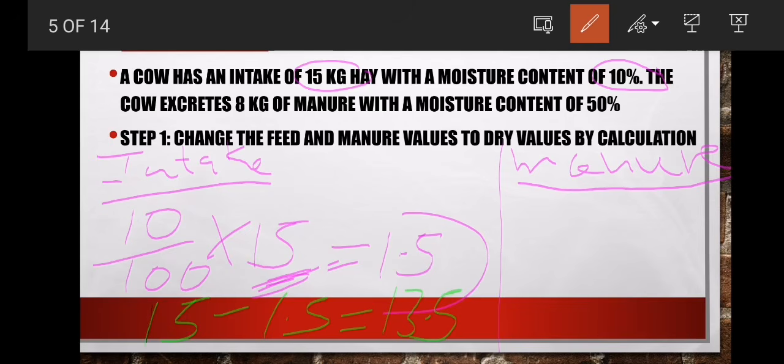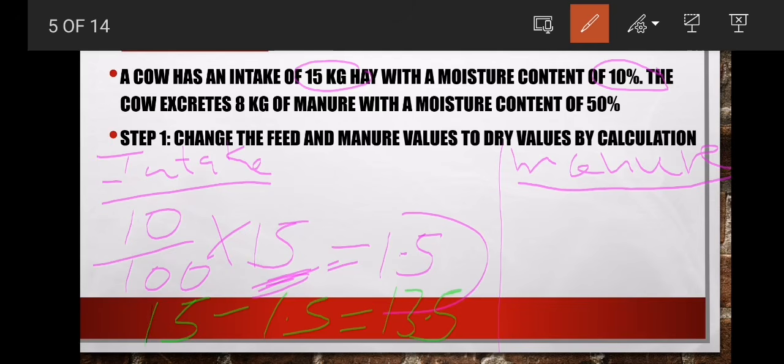In the formula, we want the dry manure, not the moisture. So what you do here, you do almost the same way that we did in the intake. You say we want to convert the 50% into half of the 8 kg.